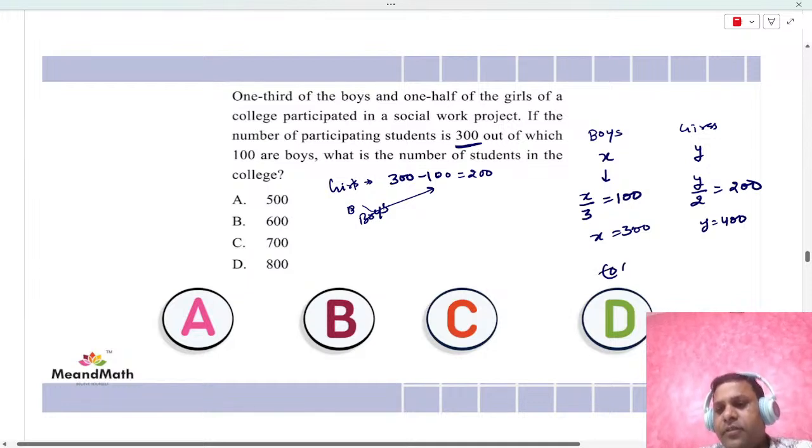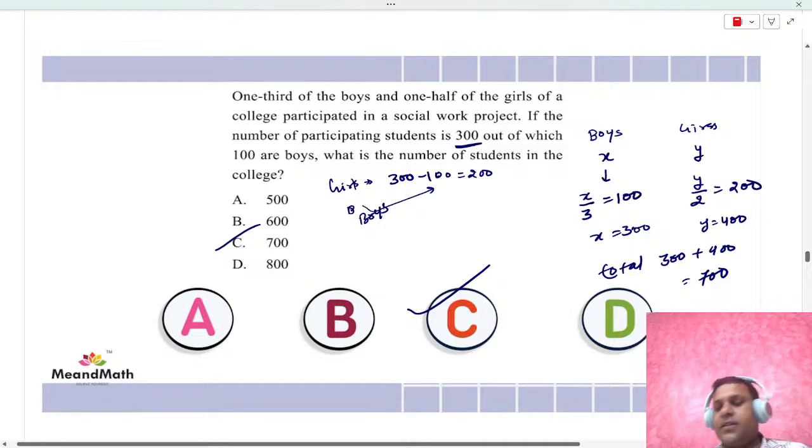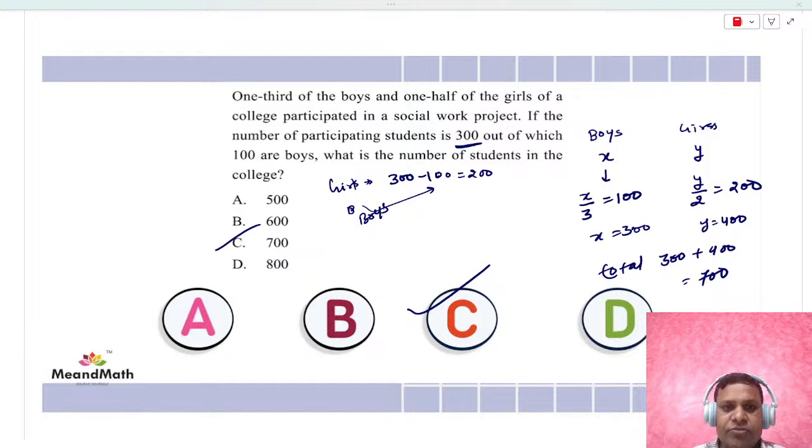So total students 300 plus 400 is equal to 700. So 700 is the correct answer. This is the method of how we solve the question. Okay, let's move to the next.